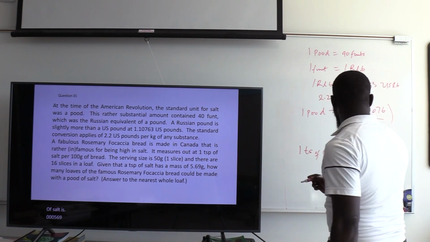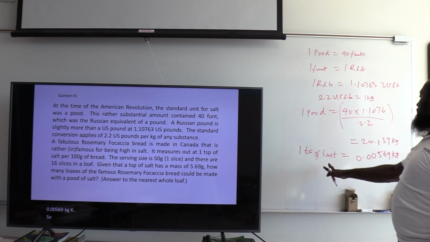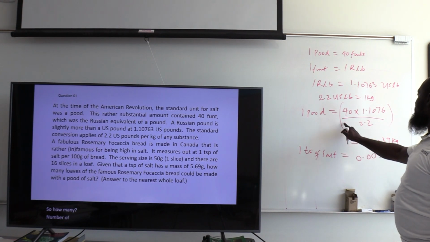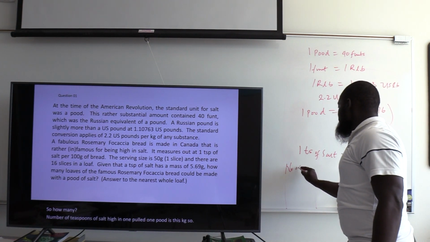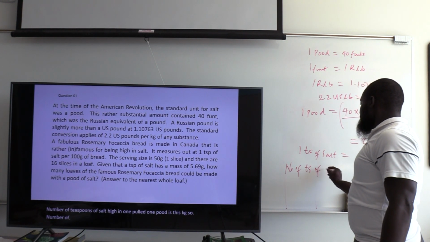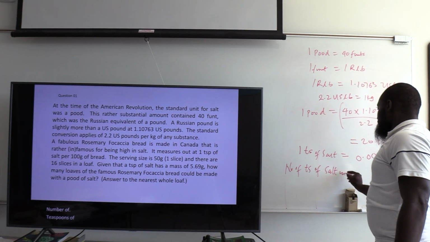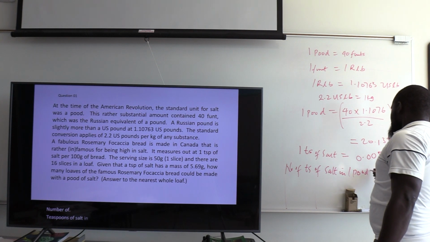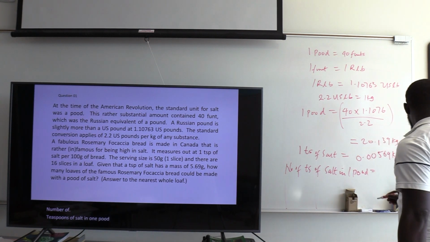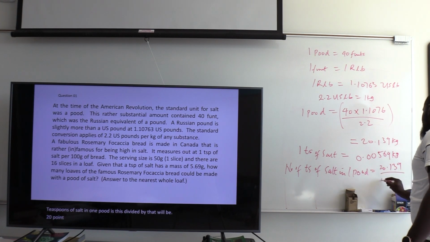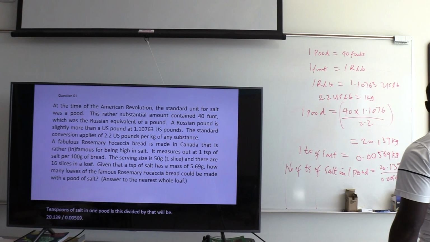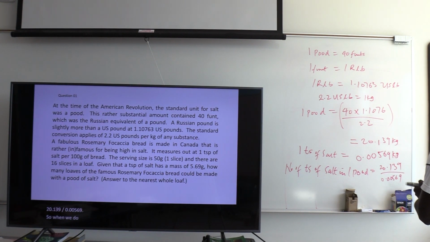So how many teaspoons of salt are in 1 pud? 1 pud is this many kilograms, so the number of teaspoons of salt in 1 pud is this divided by that. That will be 20.139 divided by 0.00569. When we do that, that will give us 3539.3673.